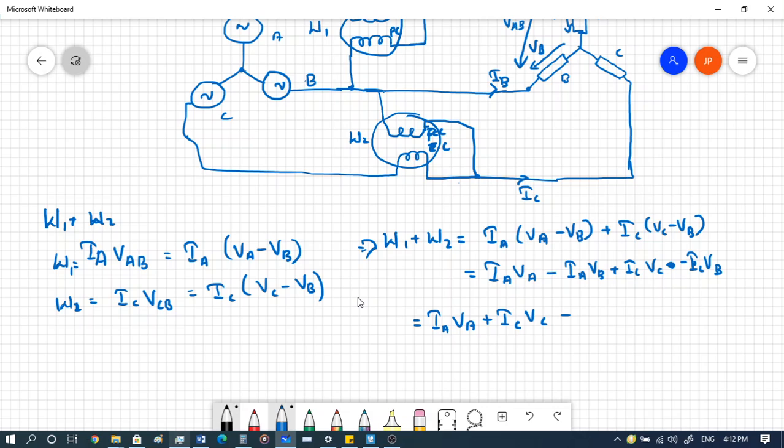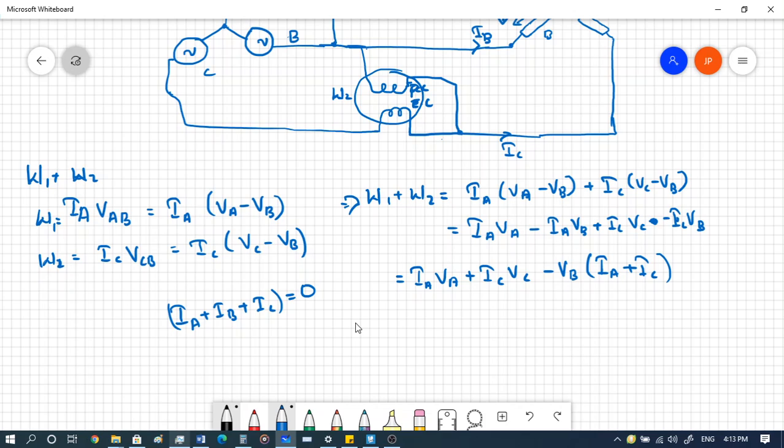Now we'll take minus VB outside, minus VB into (IA plus IC). Now since this is a balanced system and this is a 3-wire system, we know that IA plus IB plus IC in this case is going to be equal to 0, or you can say IA plus IC is equal to minus IB.